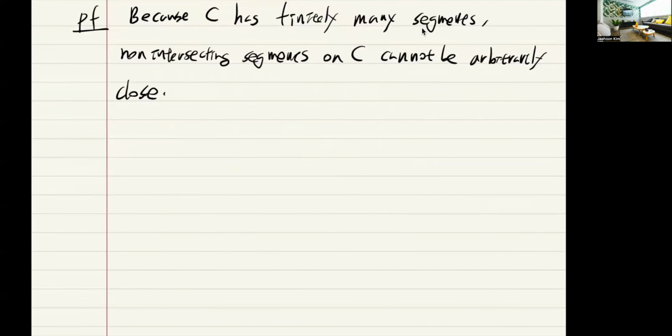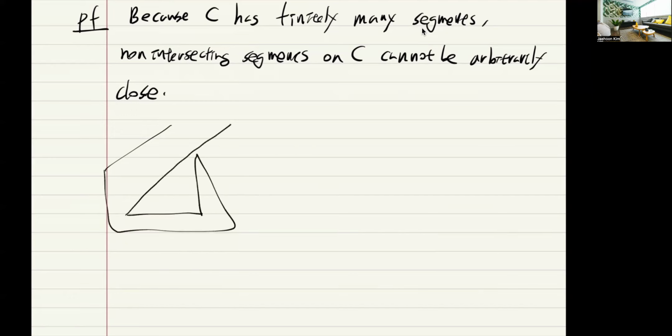Then, what we can do, we have this closed curve.